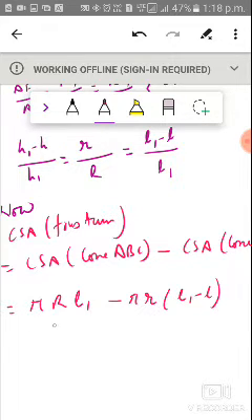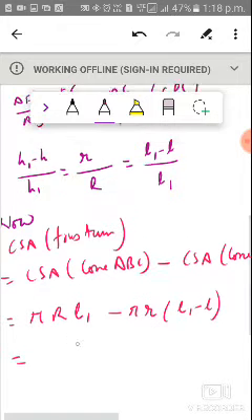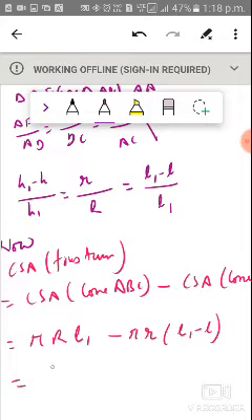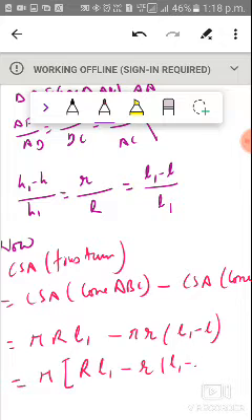Okay, now taking common pi, I can write R L1 minus r into L1 minus L. Okay, now to solve this L1 minus L, you see what can I write?